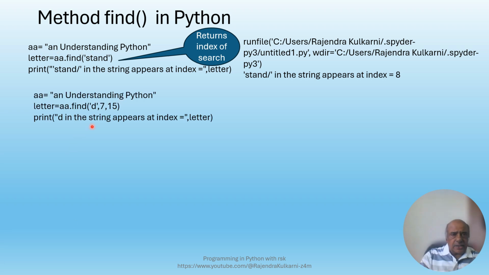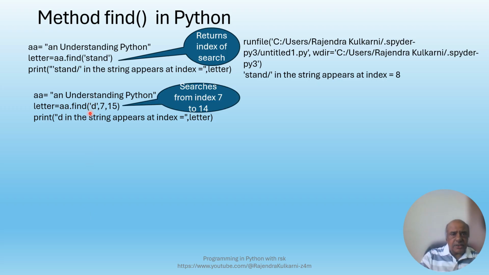Then a dot find d. This method finds out d, and these 7 and 15 are the indices within which we are trying to find the letter d.